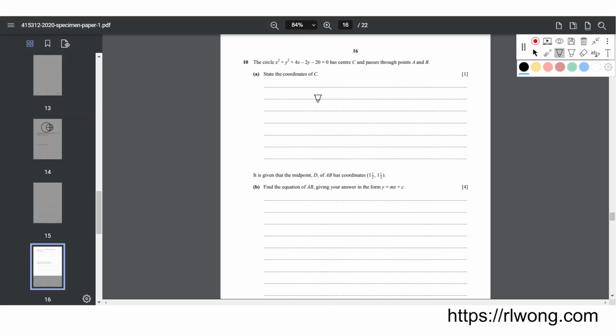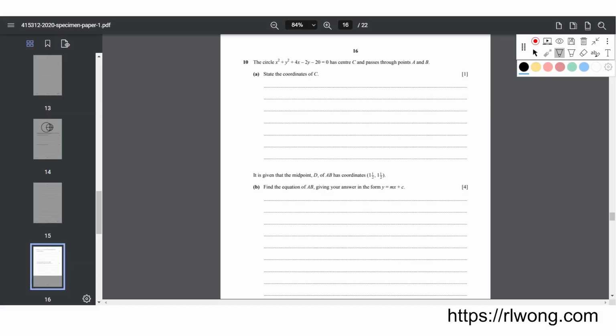So in question 10 is basically testing us on coordinate geometry for circles. So you're given the equation of a circle, x squared plus y squared plus 4x minus 2y minus 20 equals 0.